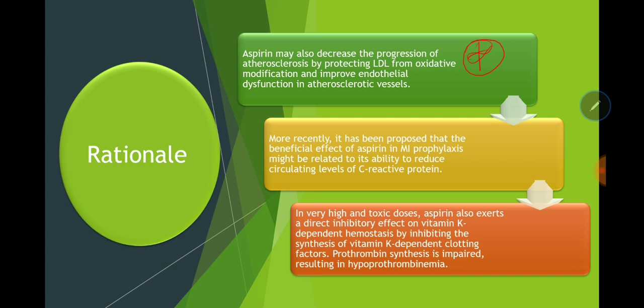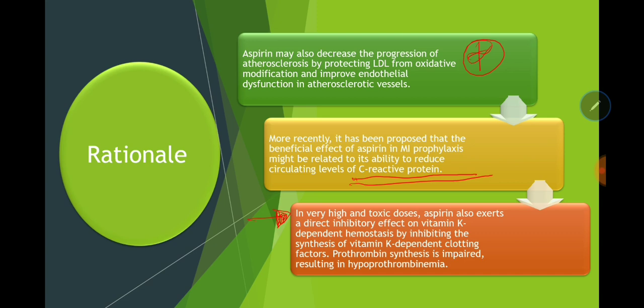More recently, it has been proposed that the beneficial effect of aspirin in myocardial infarction prophylaxis might be related to the ability of aspirin to reduce circulating levels of CRP, C-reactive protein.